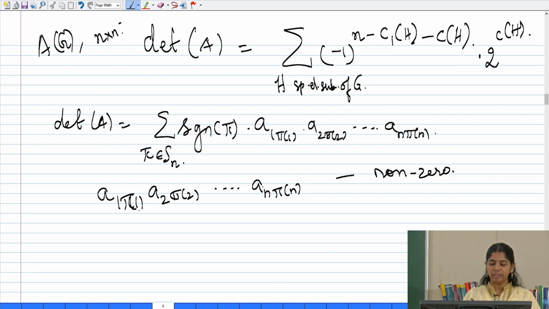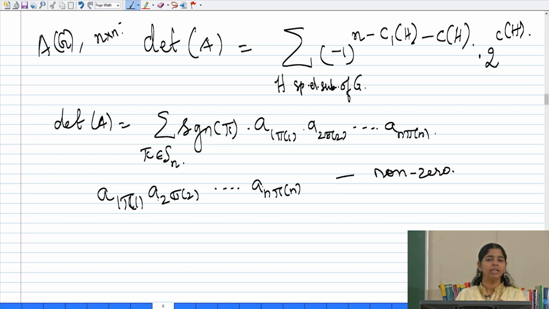That means this permutation takes into account all the edges that are possible, a1 pi 1, a2 pi 2 and so on, for this one particular term. We can see that only cycles and edges are being counted in these terms.